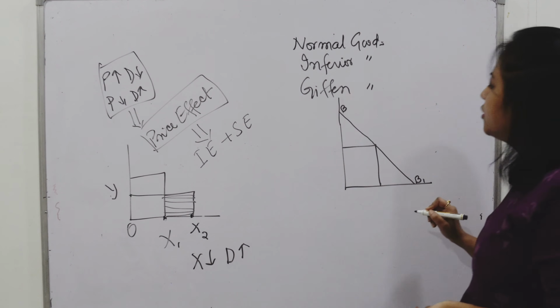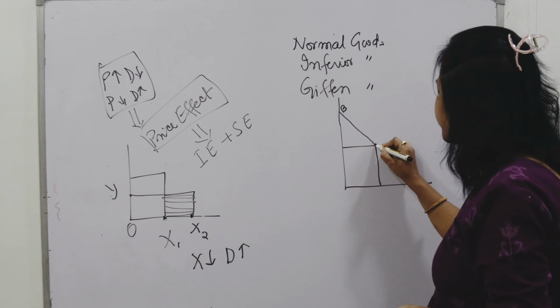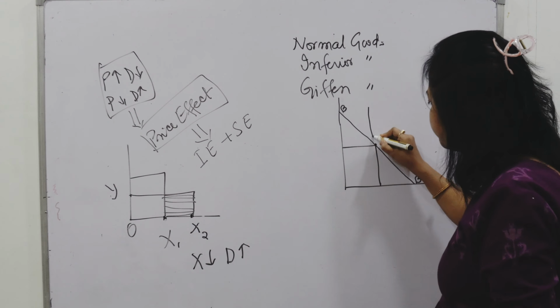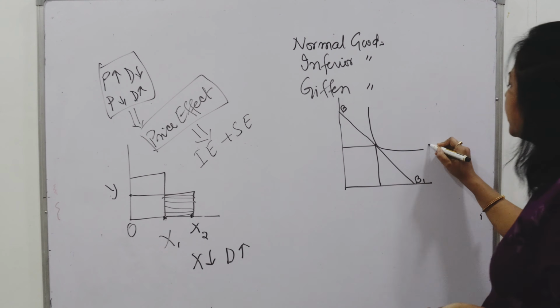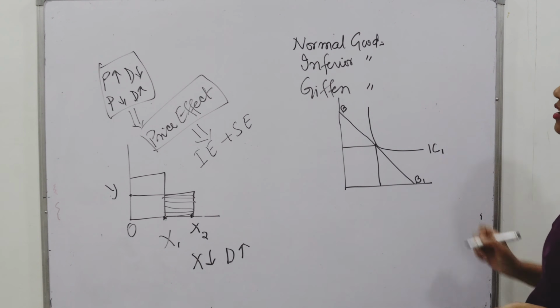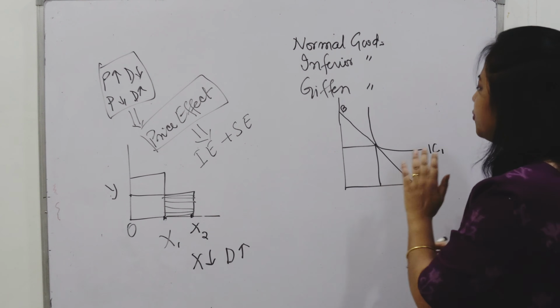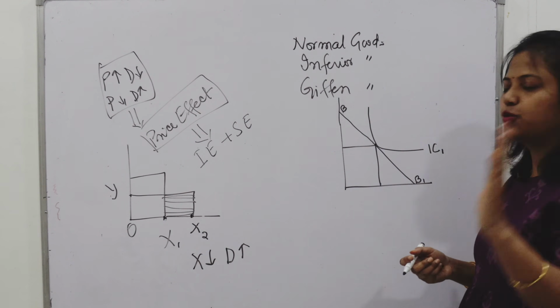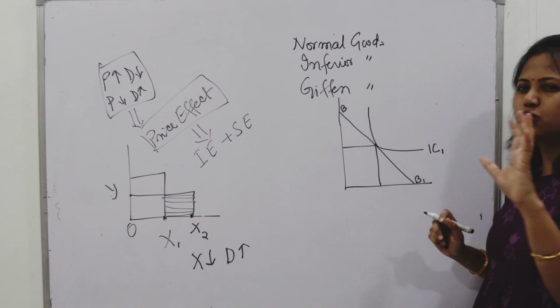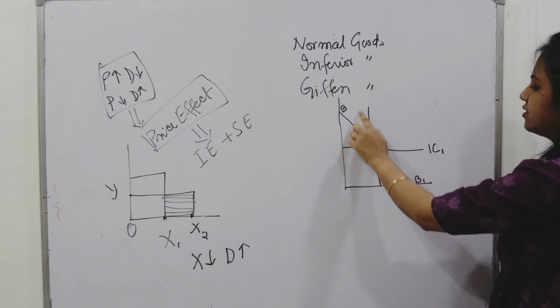Okay. Now what happens? This is the point where my indifference curve is tangent. So I have indifference curve 1. What is indifference curve? For the time being, forget it. If you want to know, there is a video you can watch, but for the time being I will recommend don't get into this IC.